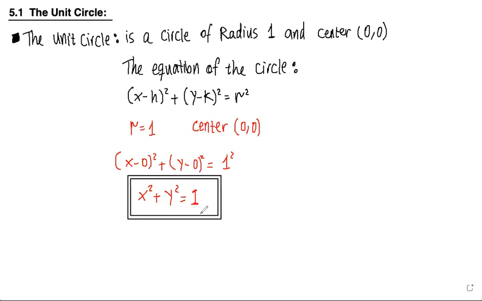Okay, now this is like review. The important thing now is to show that a point is on the unit circle. So, example 1.